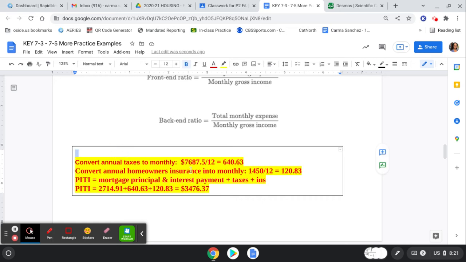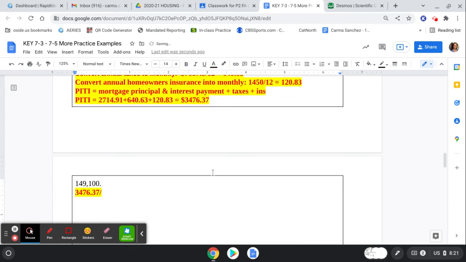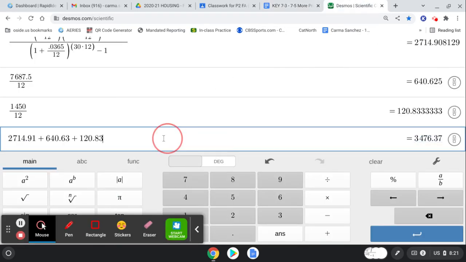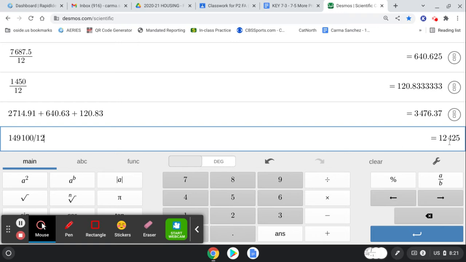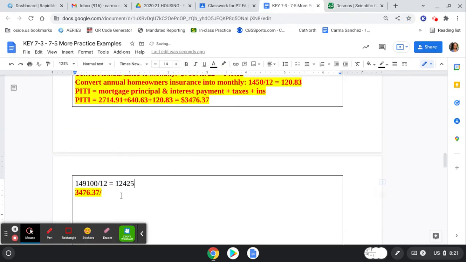Let's go get the denominator here. Annual income needs to get converted into monthly. So 149,100 divided by 12 is going to give us 12,425. So that's going to be your denominator here.